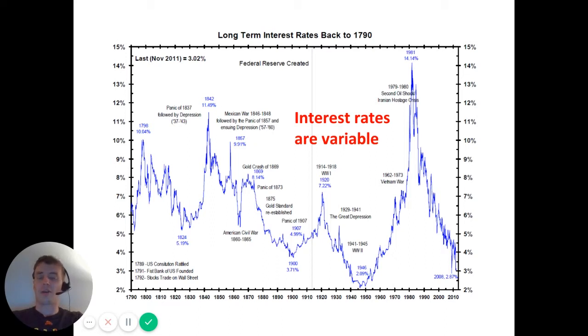Interest rates vary tremendously for a variety of reasons. And this gives you a sense for how interest rates have varied basically over the history of the United States, all the way back from the late 1700s, all the way through the most recent financial crisis in 2008 and onward.